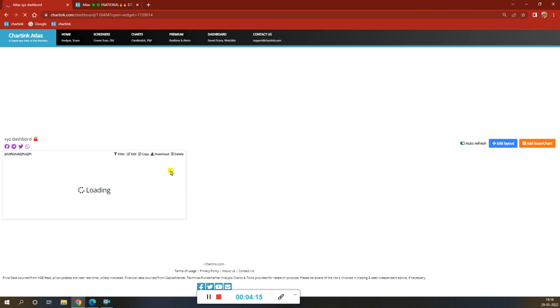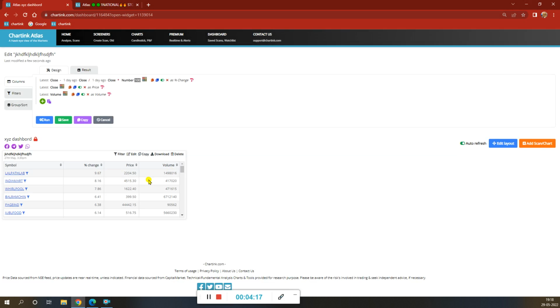As soon as we click on save, the widget comes on the dashboard which was created just now, with 3 options automatically. By default, these 3 options would be there whenever you add a scanner.